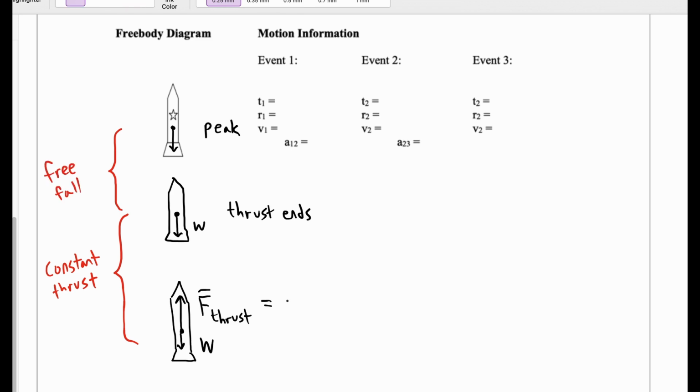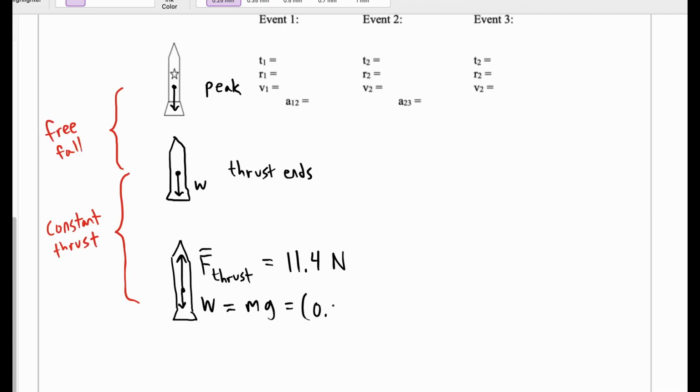So let's let that thrust be 11.4 newtons. We should calculate the weight of the thing, be an mg, so that's 0.255 kilograms times g. Remember, we're pretending like the rocket has the same mass the whole time now.